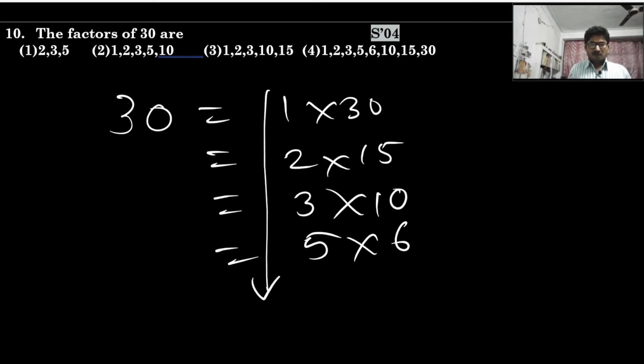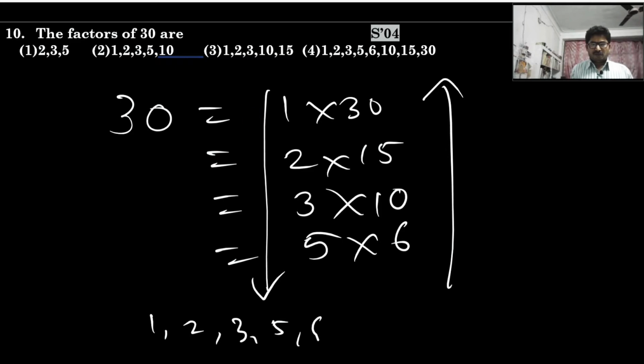So up to down, down to up. These are the factors: 1, 2, 3, 5, 6, 10, 15, 30. So the fourth option is correct.